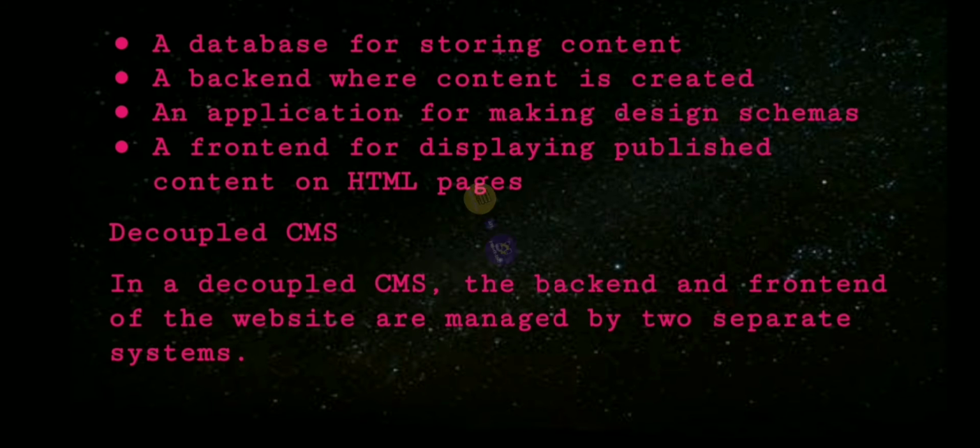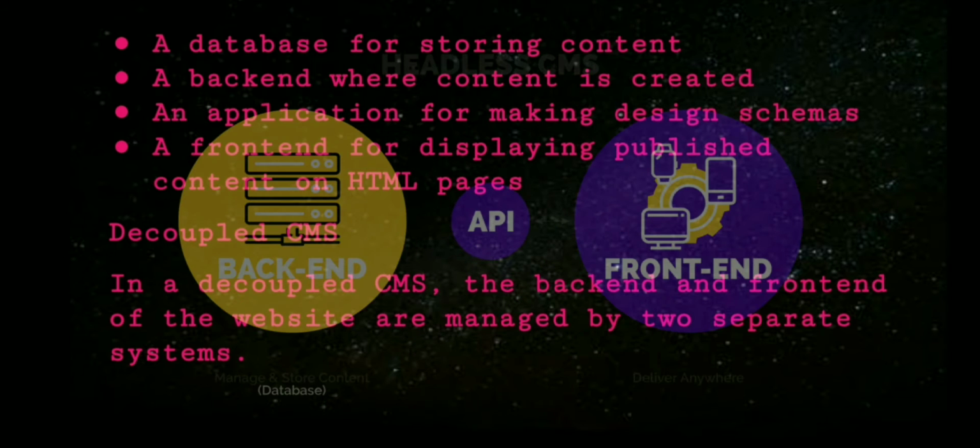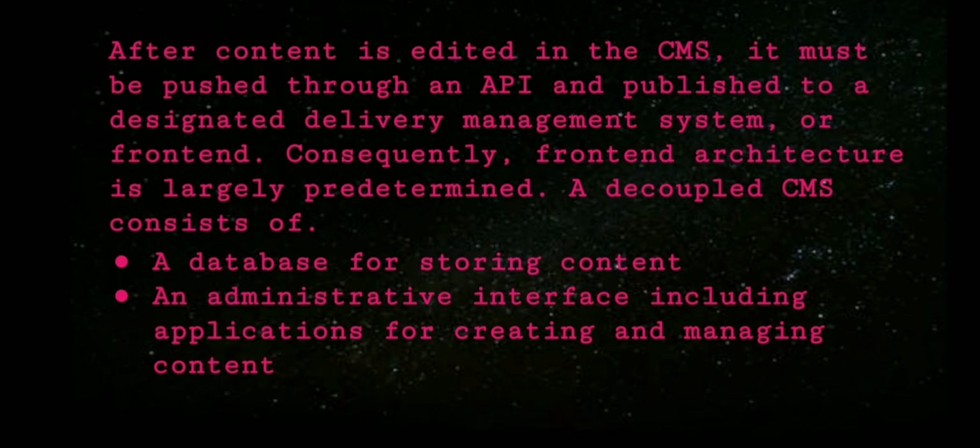Decoupled CMS. In a decoupled CMS, the backend and front-end of the website are managed by two separate systems. After content is edited in the CMS, it must be pushed through an API and published to a designated delivery management system, or front-end. Consequently, front-end architecture is largely predetermined.